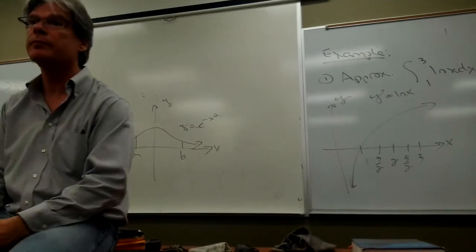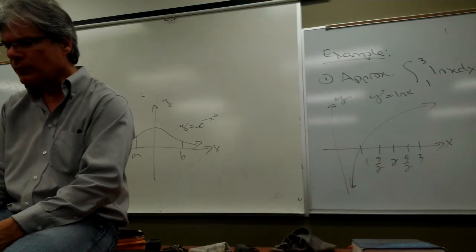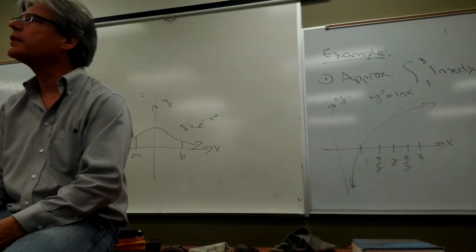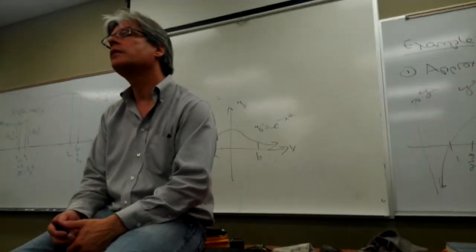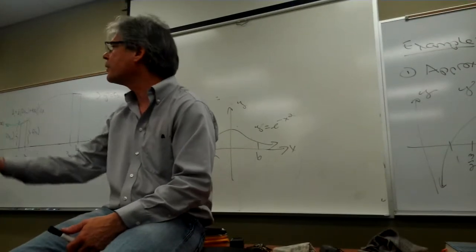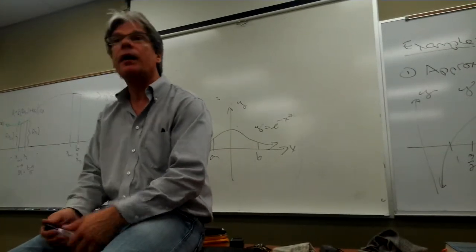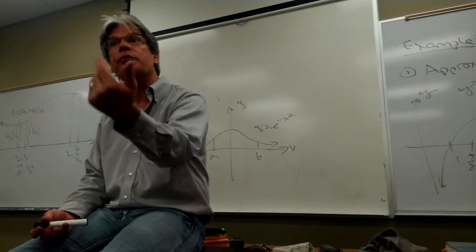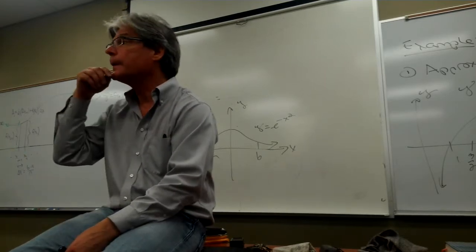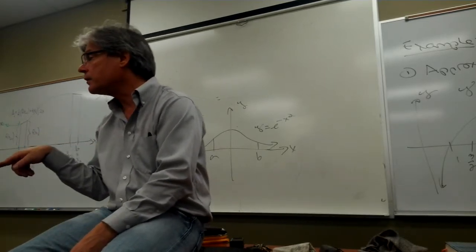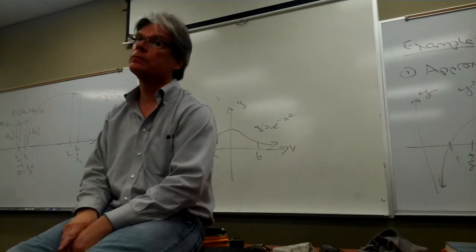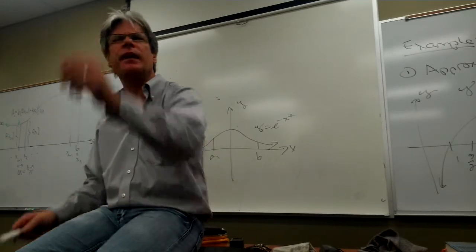That's a good point, you're right. This summer session, expect this: I'm not going to trick you by giving an integral that's not integrable and assuming you'd use Simpson's rule. I would say, here's an integral, use Simpson's rule to approximate it. I might even ask you to do it on an integral that you could integrate so that you can check your answer. So don't expect me to trick you in that sense.